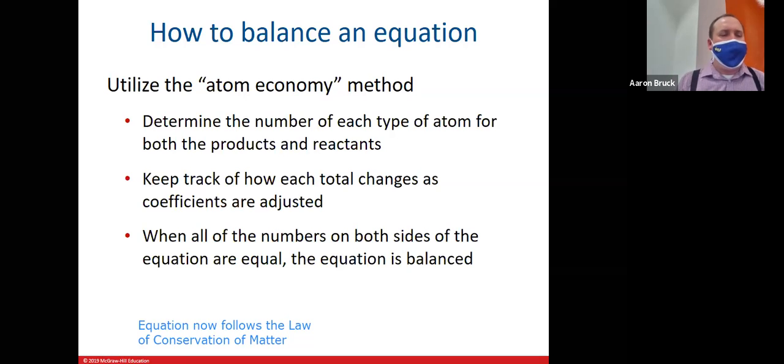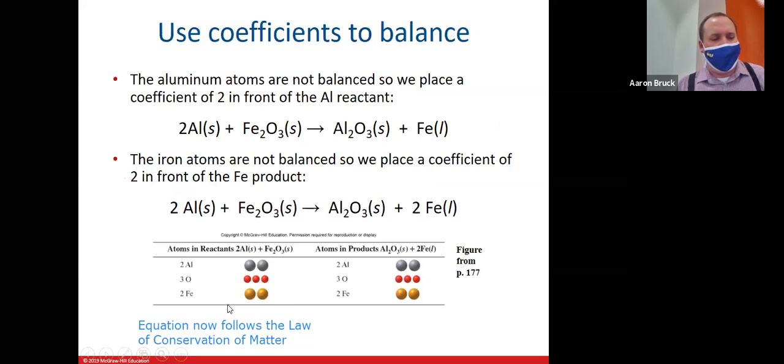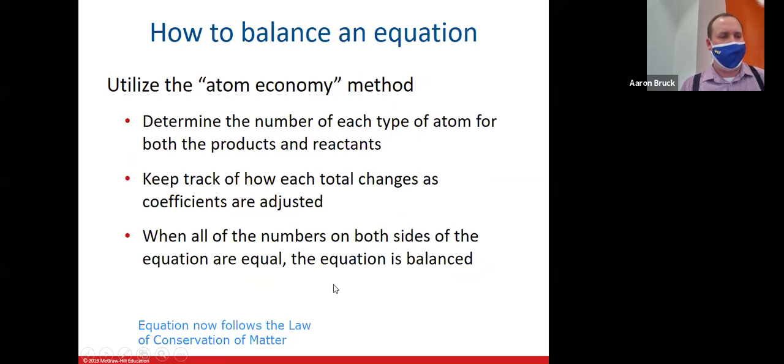The atom economy method is very similar, but less pictorially taxing to what the book did here in monitoring the number of atoms. So instead of doing all the drawings here, I'm going to do a register of how many of each atom are on each side of the equation.